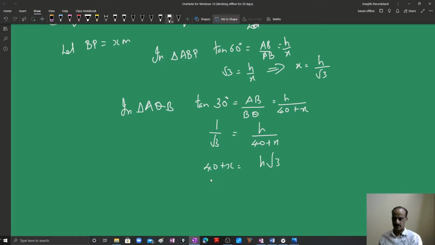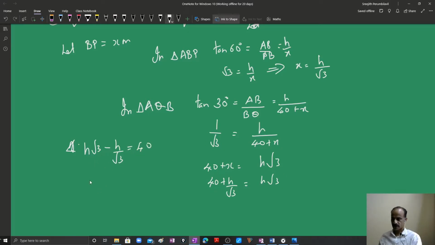What is X? X is H by root 3. So 40 plus H by root 3 is equal to H root 3. We have to find H. Therefore, taking all H to one side, H root 3 minus H by root 3 is equal to 40.